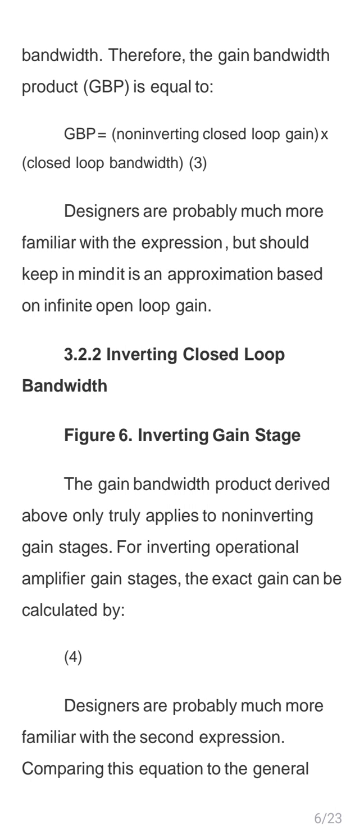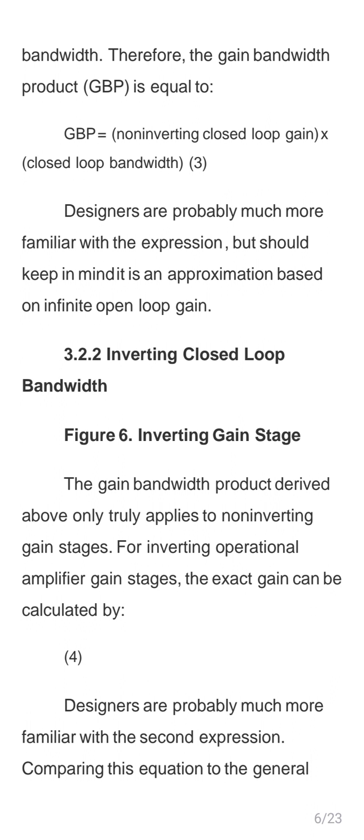The gain bandwidth product is equal to the non-inverting closed loop gain times the closed loop bandwidth. This is a familiar expression, but keep in mind that it is an approximation with infinite loop gain.